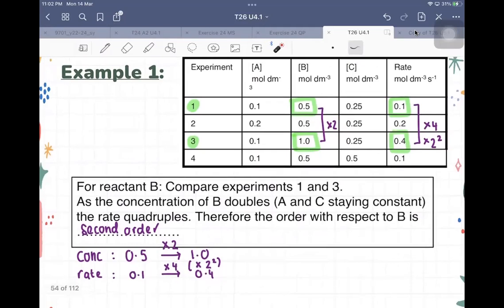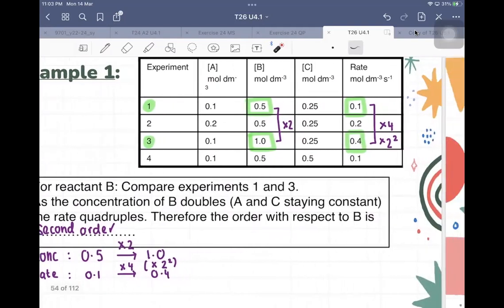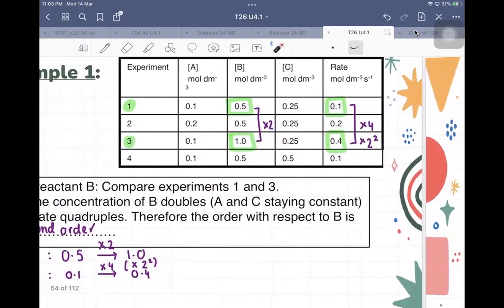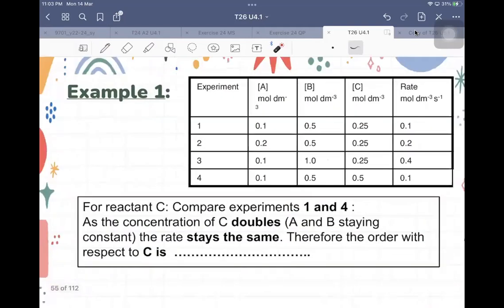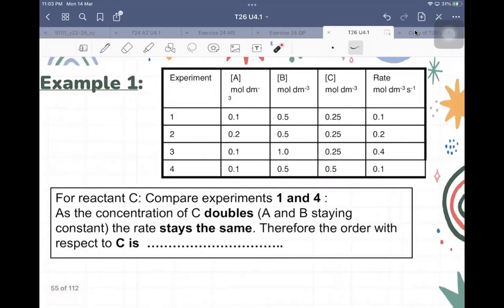So we've got our order for A, we've got our order for B. Lastly, we would like to have a look at our order for C. Again, we have to choose 2 experiments that only have different concentration of C while keeping your concentration of A and concentration of B the same.